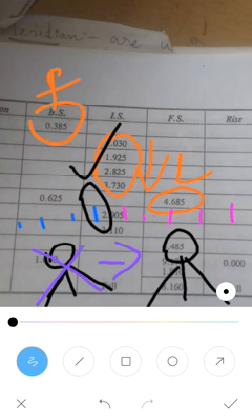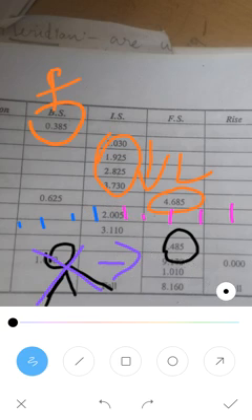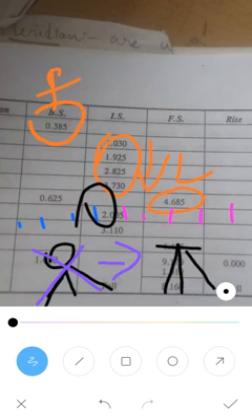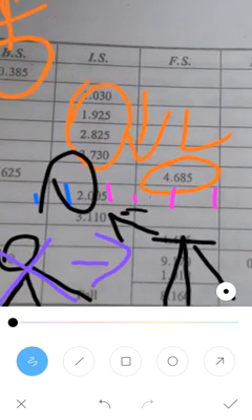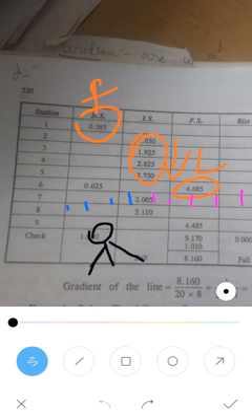Then after shifting the dumpy level to the second point, you have to take the reading from there also. From here you take the reading, and that reading is nothing but the backsight.